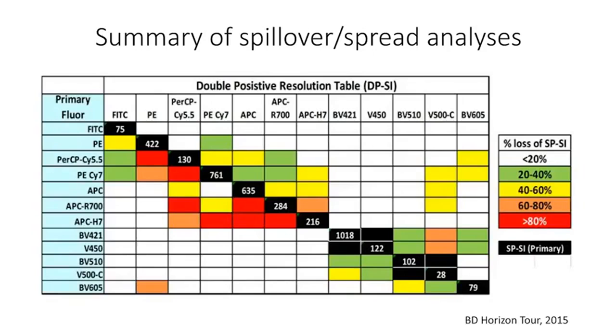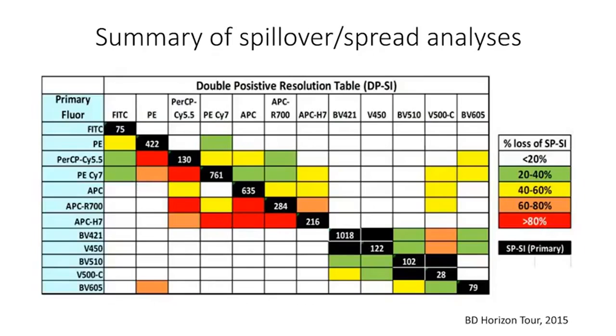We said, for example, that PE-Cy7, APC, and BV421 were in our bright category, and so they have very high stain index. In contrast, V500 we said was a dim fluor, and that has a relatively low stain index.